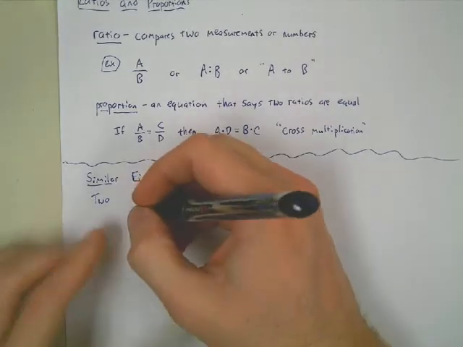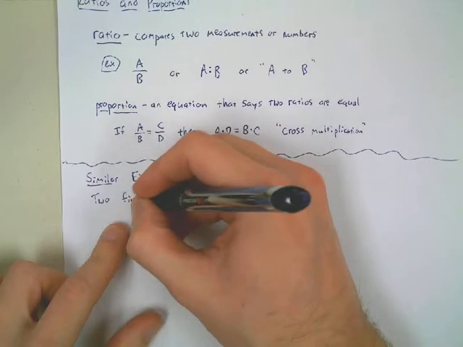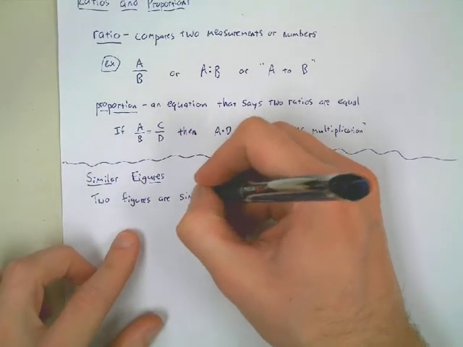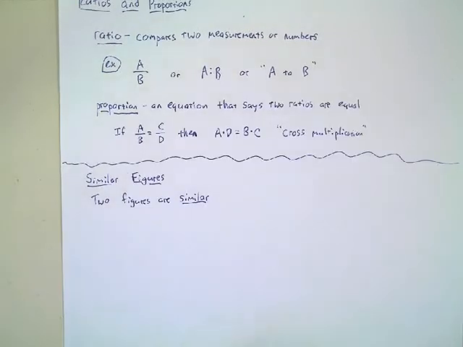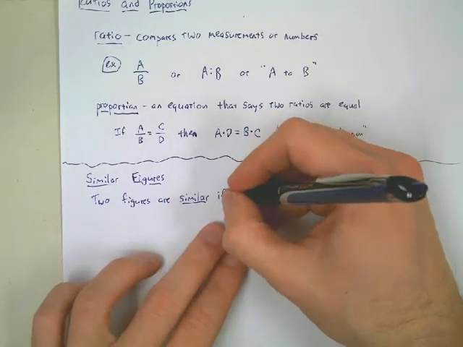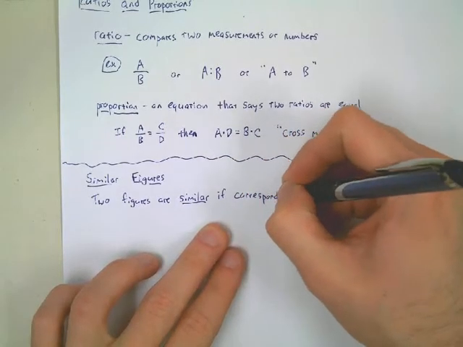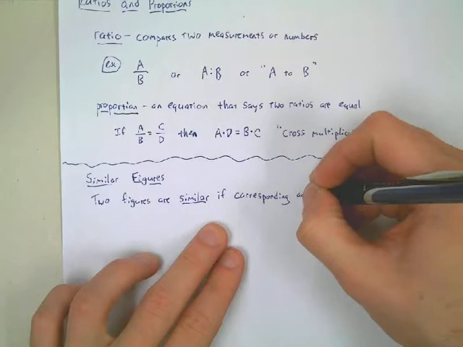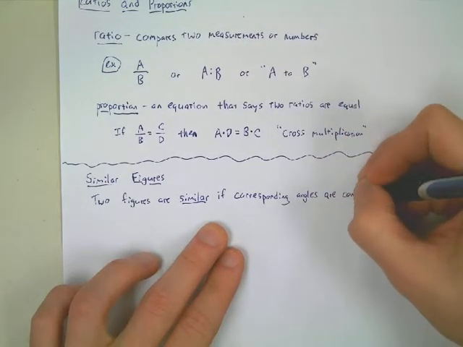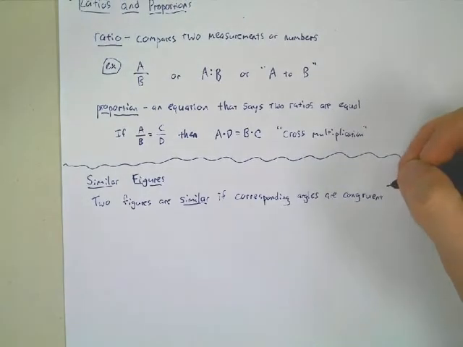And so here's how we can tell if two figures are similar. Two figures, okay, are similar if corresponding angles are congruent. Remember that word corresponding is just like a fancy word for what?